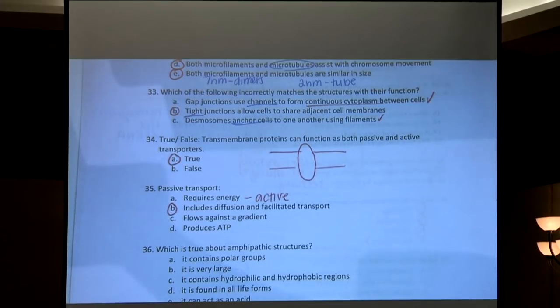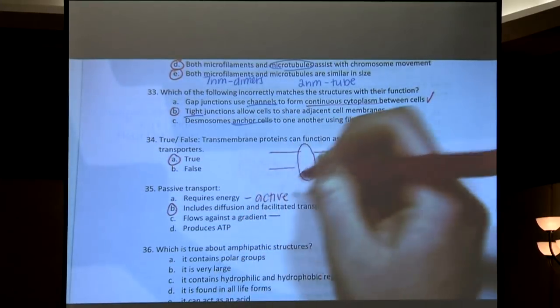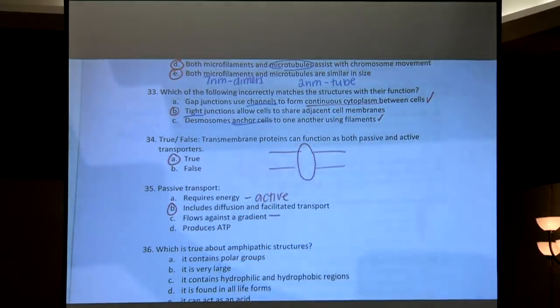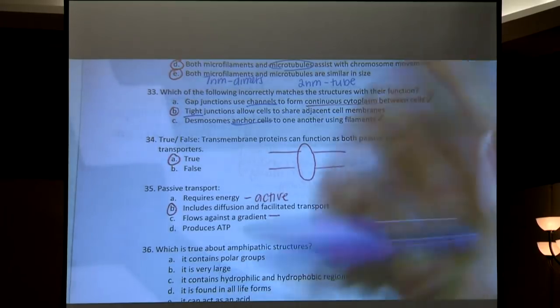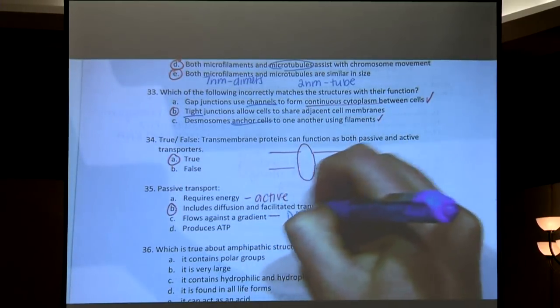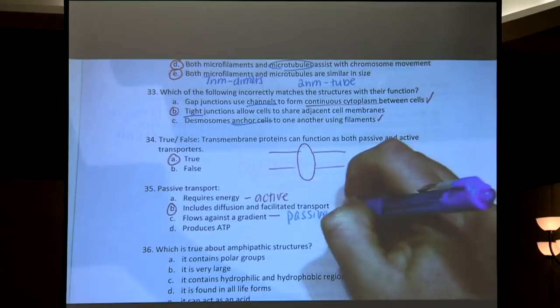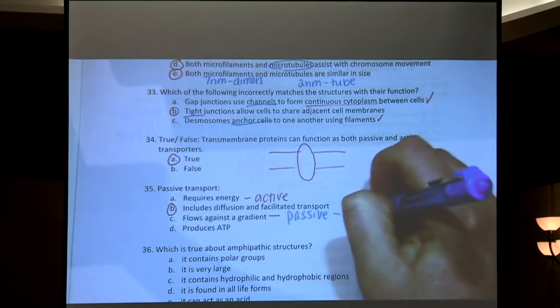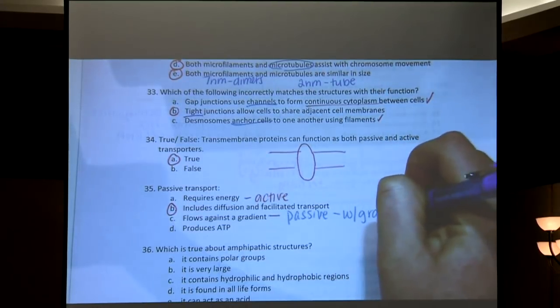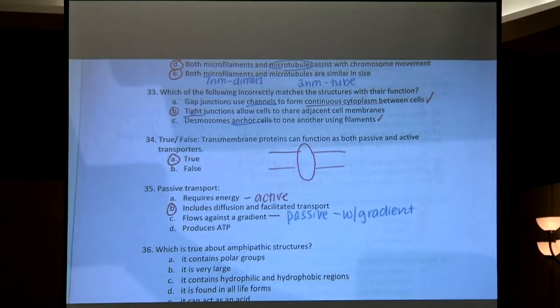Does passive transport flow against the gradient or with the gradient? Good, it should be with the gradient if it's passive. If it's against the gradient, what type of transport is that? Good, that one would be active.